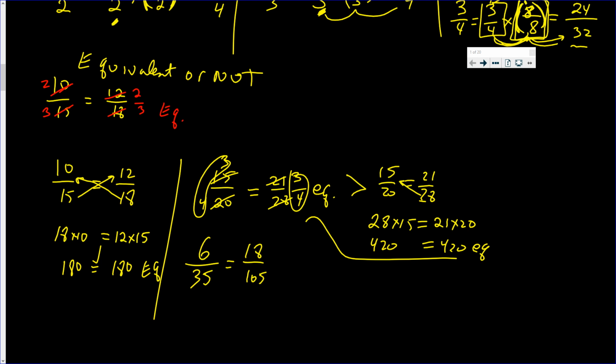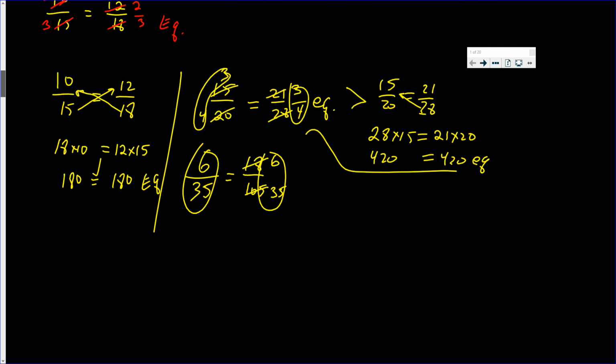Here, you can divide this number by 3, and you can divide this number by 3. That's the only thing you can divide by. Okay, and we got this equals that. That's good.